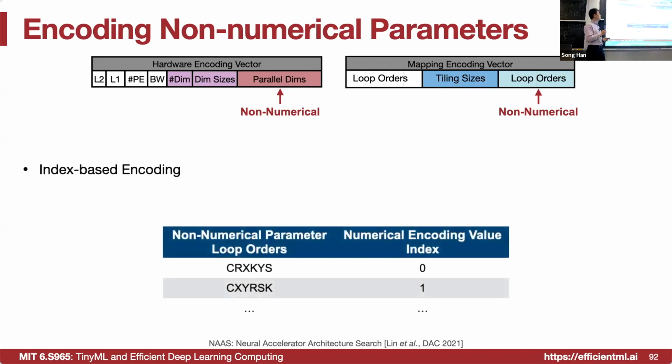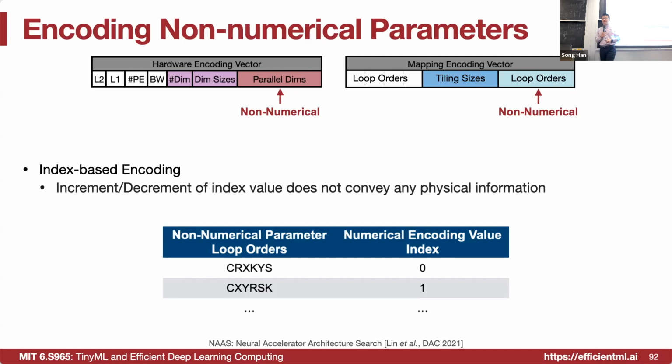A simple approach is to use index-based encoding. For this loop order of C, R, X, K, Y, S, we just encode it as 0, and another one we encode as 1. But the difficulty here is that the increment or decrement of index values doesn't mean anything. You cannot say this is larger than that one, since you cannot directly compare these different loop orders.